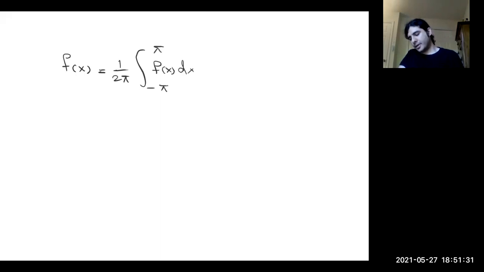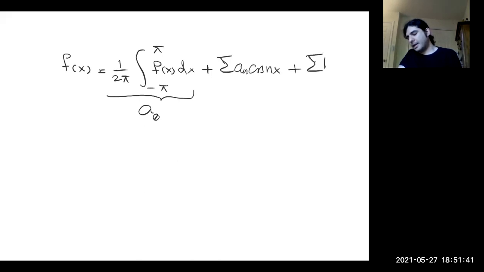The whole thing, remember, is just a naught plus sigma an cosine of nx plus sigma bn sine of nx, and n goes from 1 to infinity. Now here I want to look for an and bn. How can I do that?